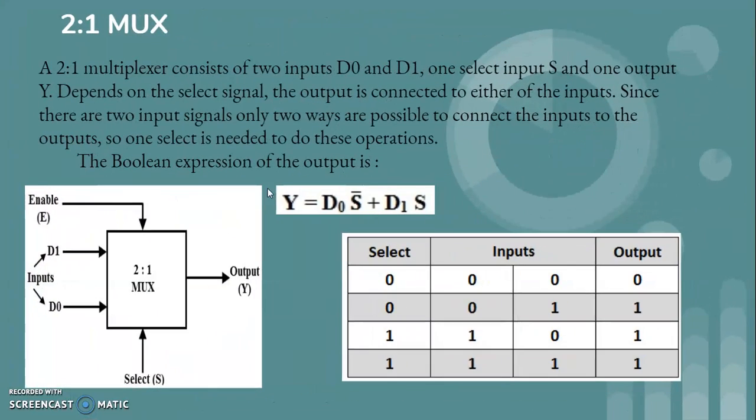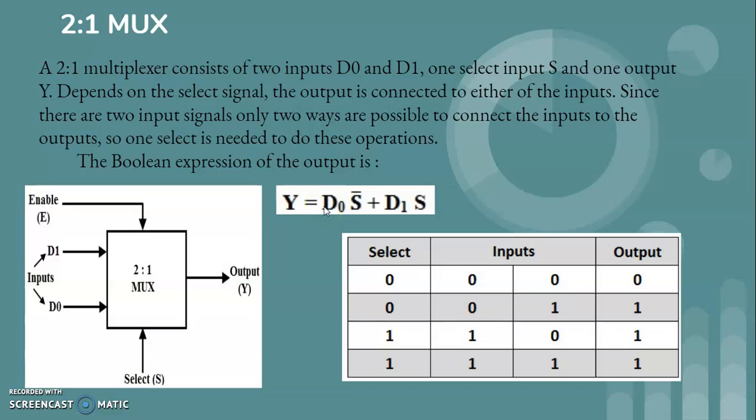So first one is 2:1 mux. A 2:1 multiplexer consists of two inputs D0 and D1 and one select line S and one output Y. Depending upon the select signal, the output is connected to either of the inputs. Since there are two input signals, only two ways are possible to connect the inputs to the outputs. So one select line is needed to do these operations.